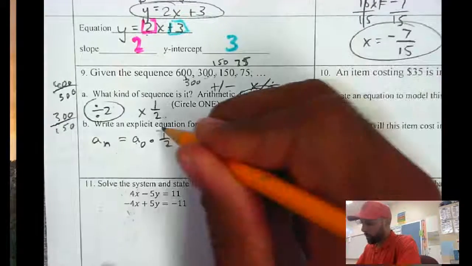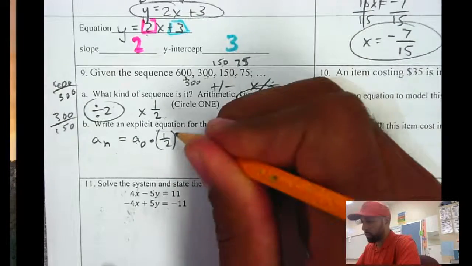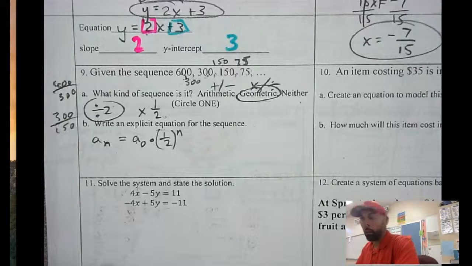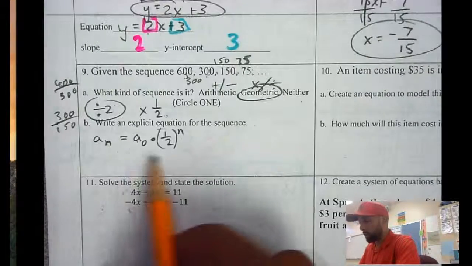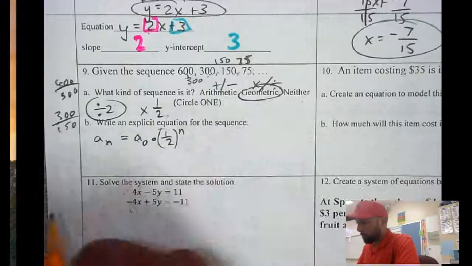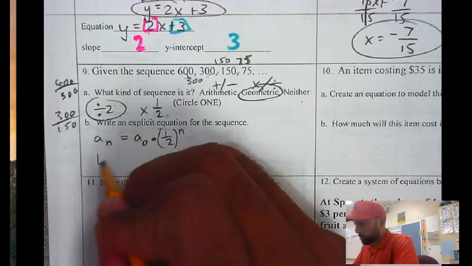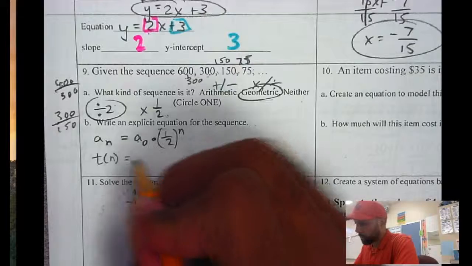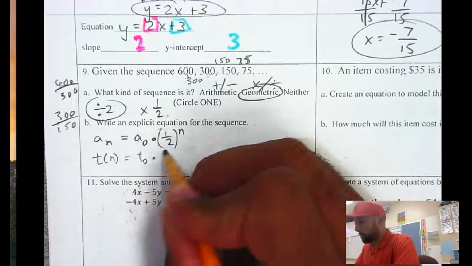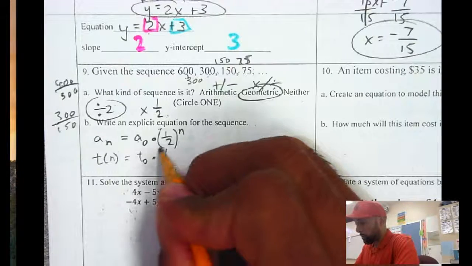Okay, and then we're going to raise that to the term number. So the way we write this out basically is, and we could actually put t of n, t sub 0 times 1/2 to the n.